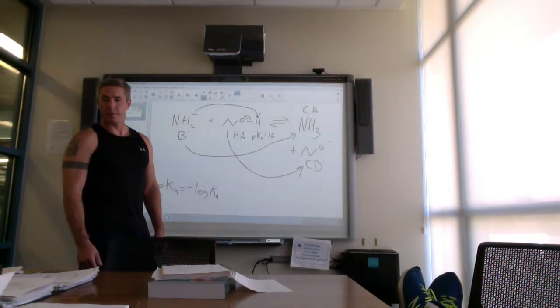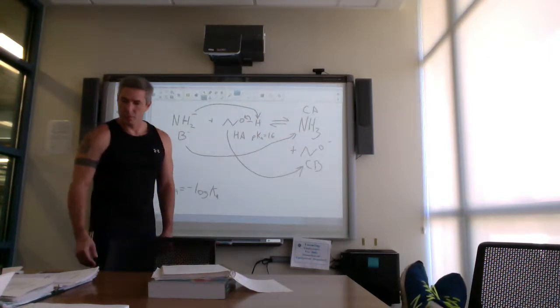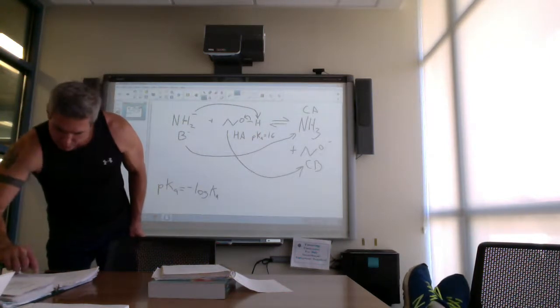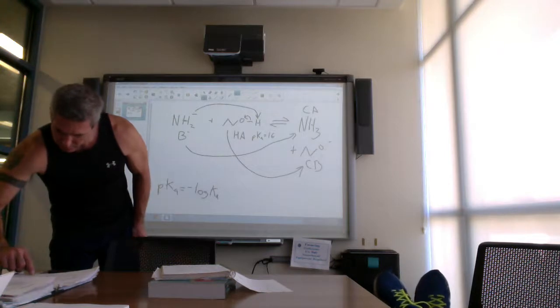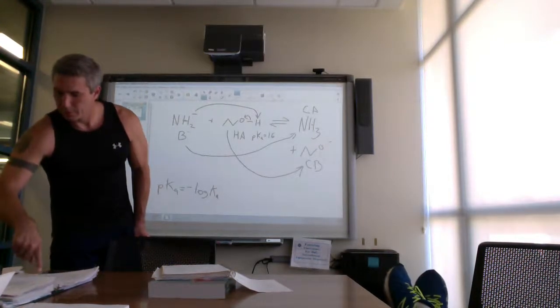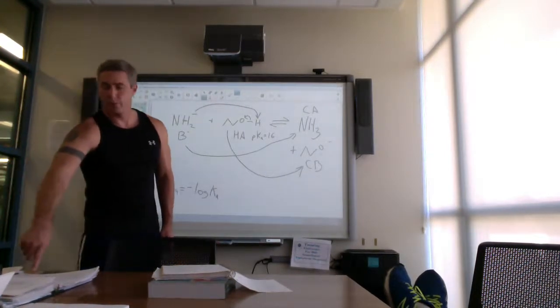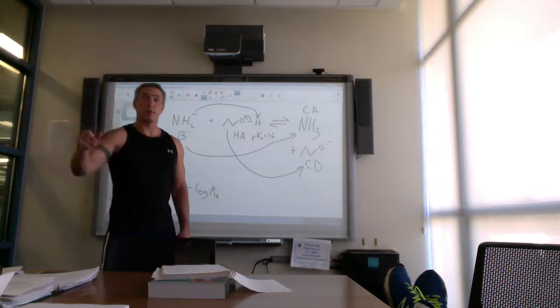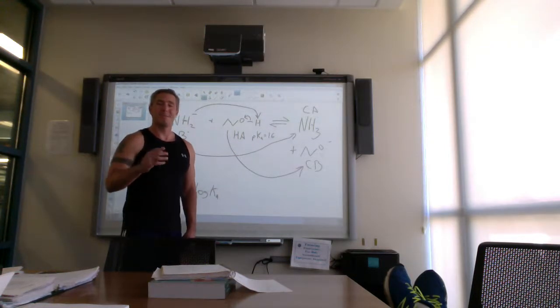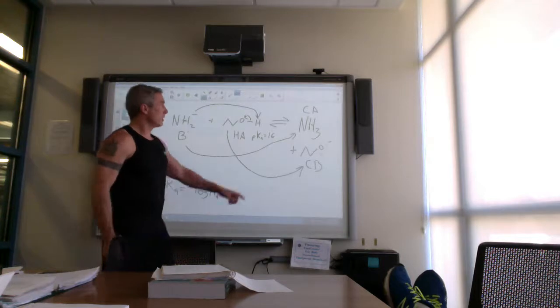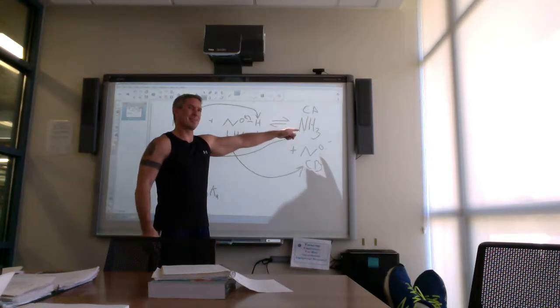We have here NH. Notice. If you know that, I just want to show you the number, but in general, is that generally an acid, considered an acid? What's it considered?